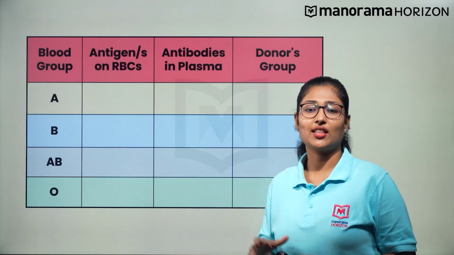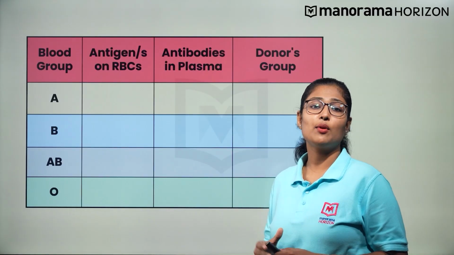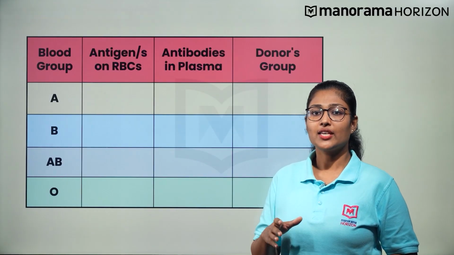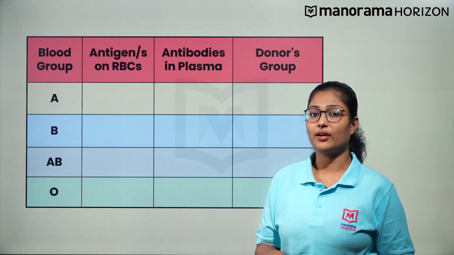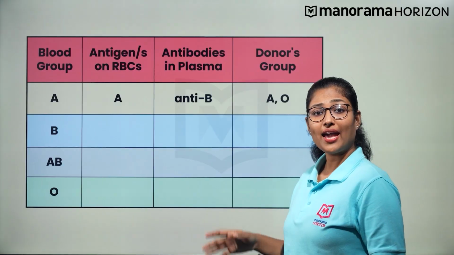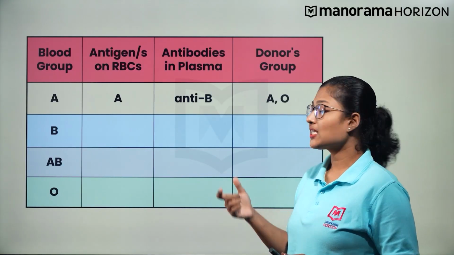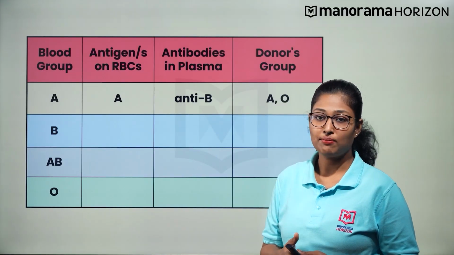It's time to check the compatibility of each blood group. Let us fill this table one by one. Here we can see the 4 blood groups A, B, AB and O. Blood group A has an antigen A on RBC and anti-B antibody in plasma.